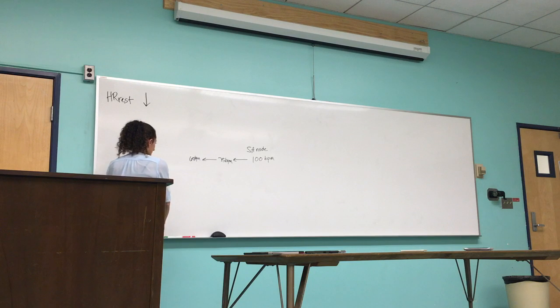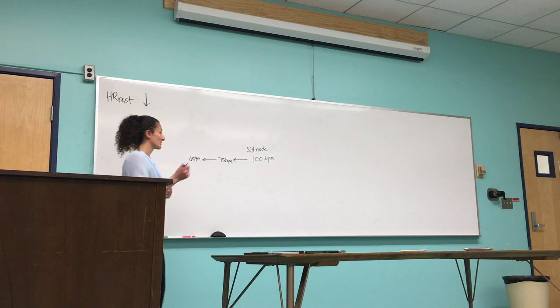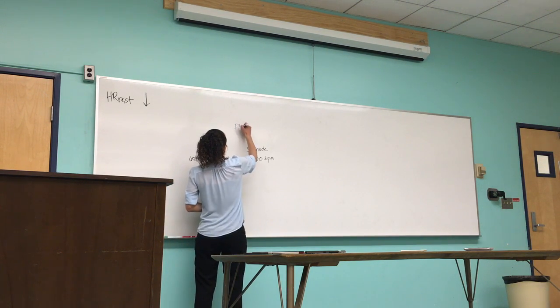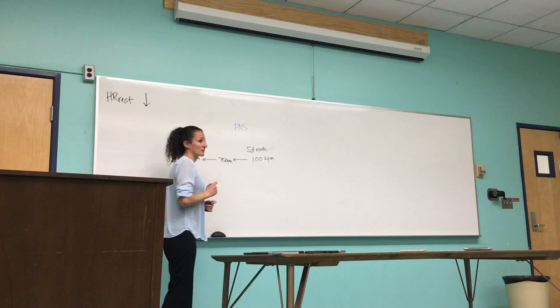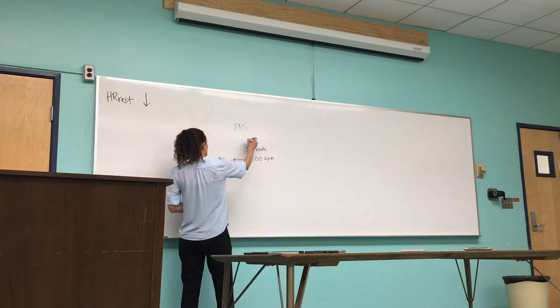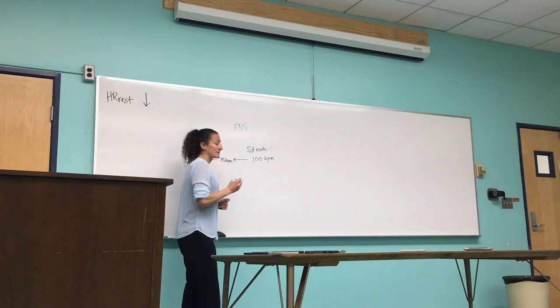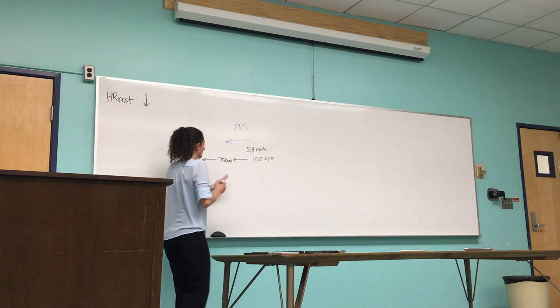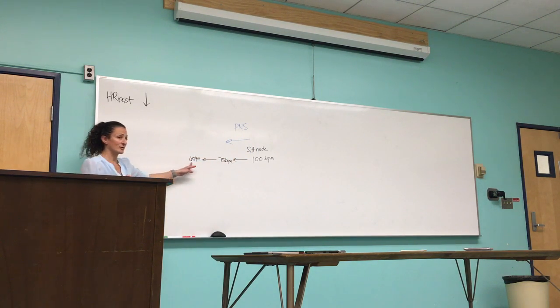What's happening to the parasympathetic nervous system? Decreasing the activity. Is it decreasing or increasing? Increasing. Remember, if the parasympathetic nervous system is active, what does that do to your heart rate? What does it do to your heart rate? It decreases it. So if our heart rate is lower than it was, what happened to parasympathetic activity?